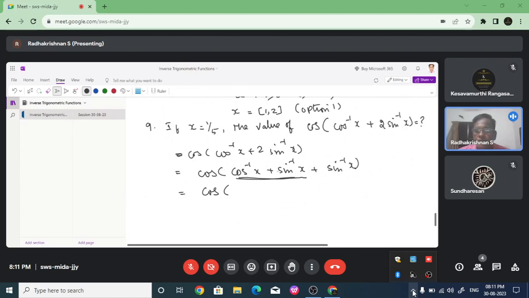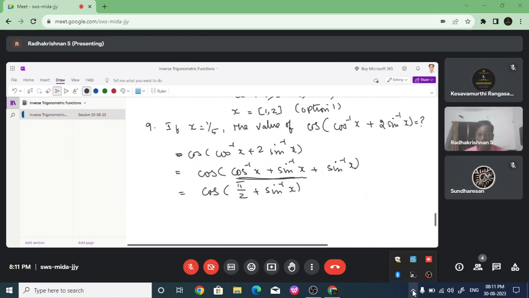Any cos inverse of x plus sine inverse of x is pi by 2. Cos of pi by 2 plus sine inverse x. So what next? Sir, minus cos sine inverse of x, sir.